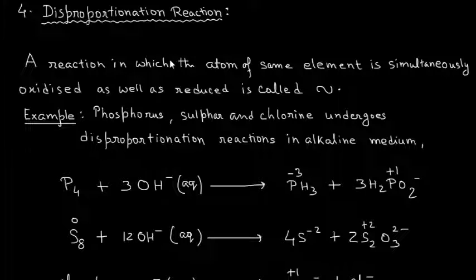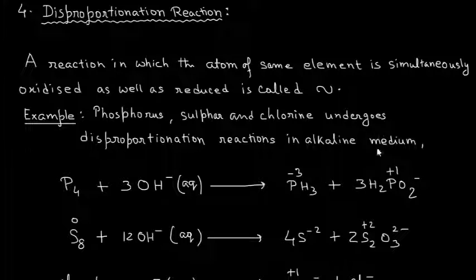Similarly, S8 plus 12OH minus gives 4S2- plus 2S2O3 2-.